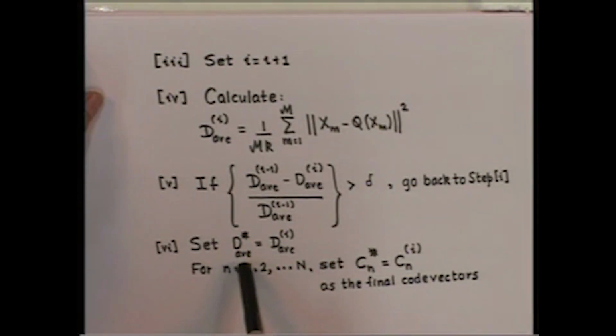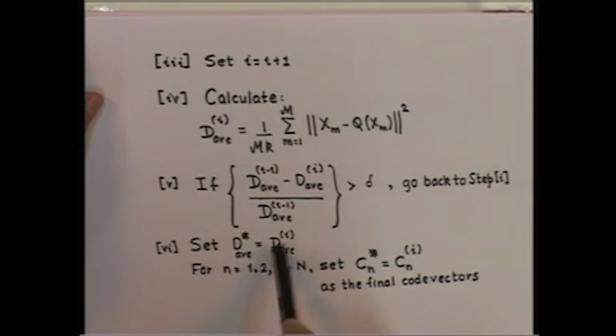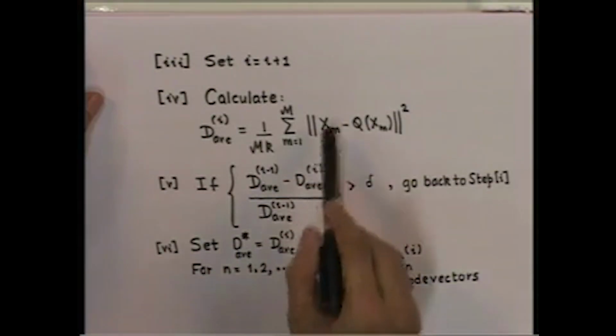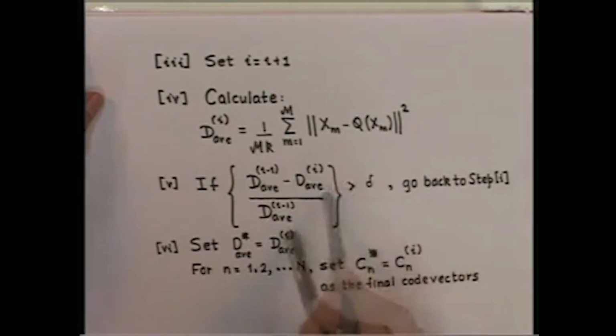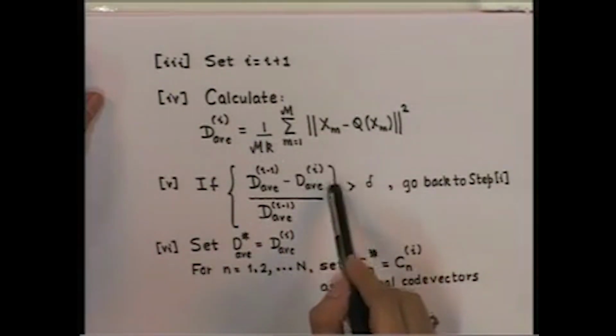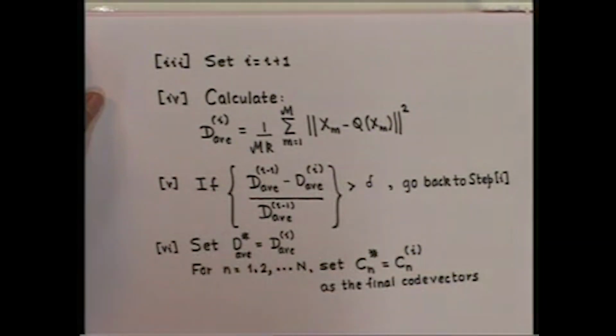At this stage, we set the final average distortion, indicated by d average star, equal to the average distortion at the ith iteration, that is the one which we had calculated just before exiting the loop at step number 5.